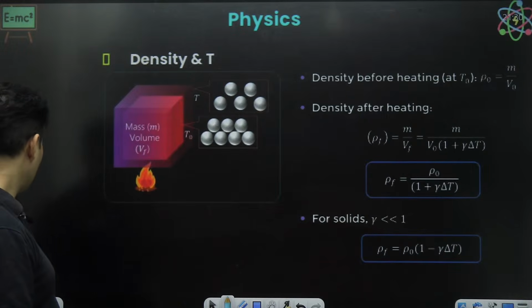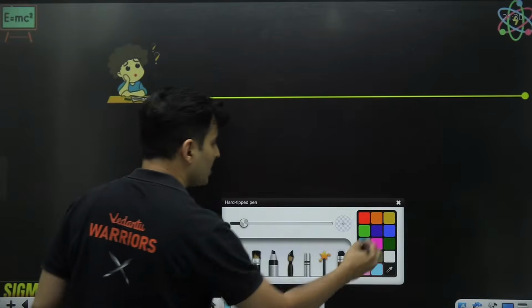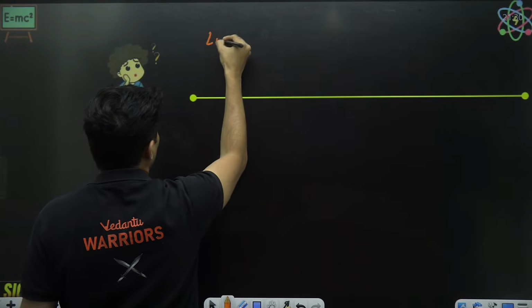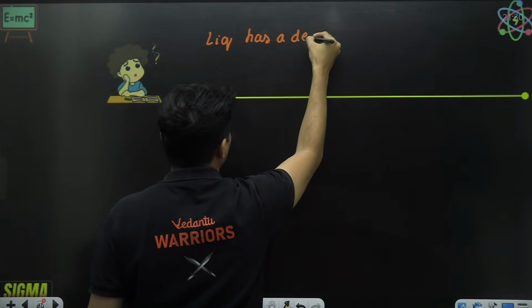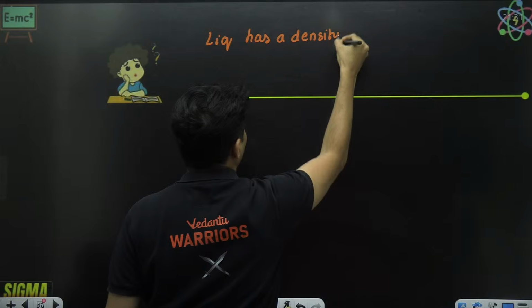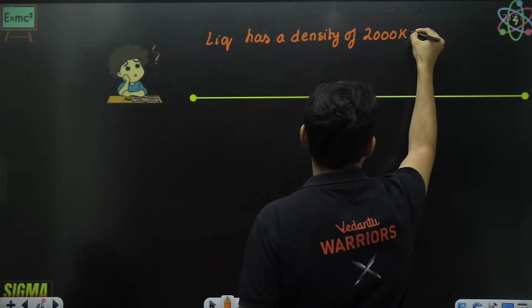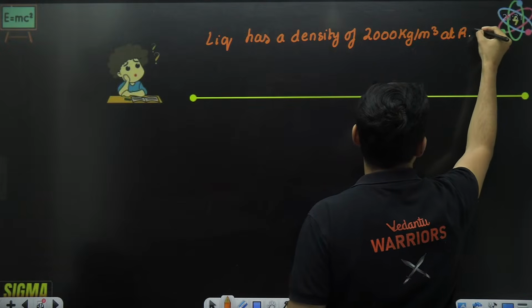So for example, they can give you a question something like this: maybe some liquid has a density of 2000 kg per meter cube at room temperature.